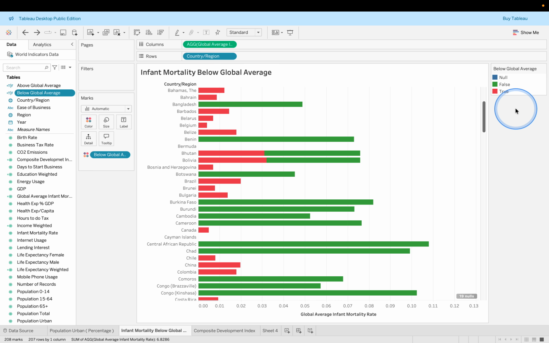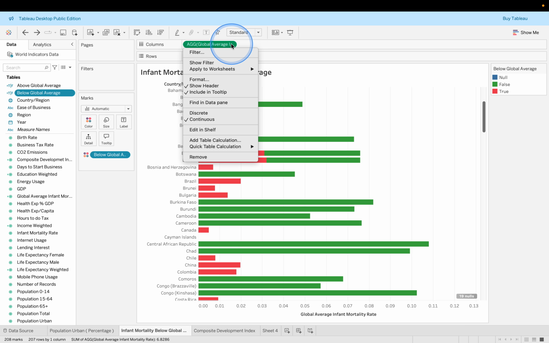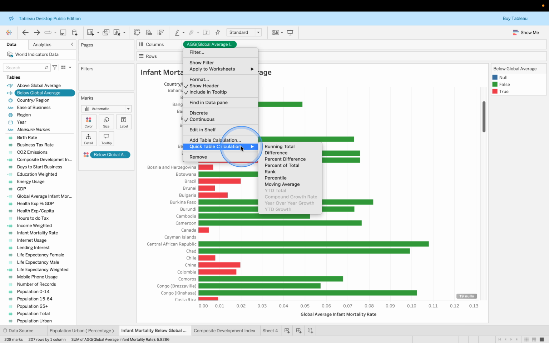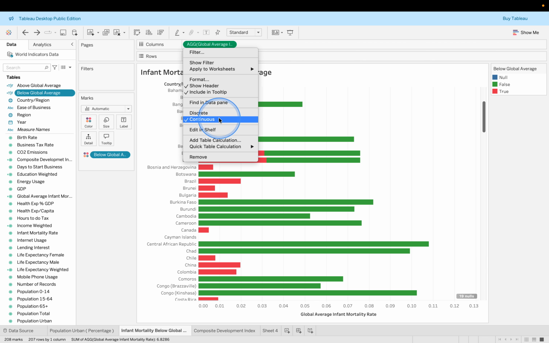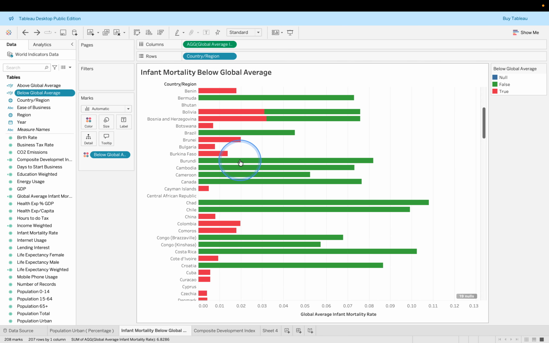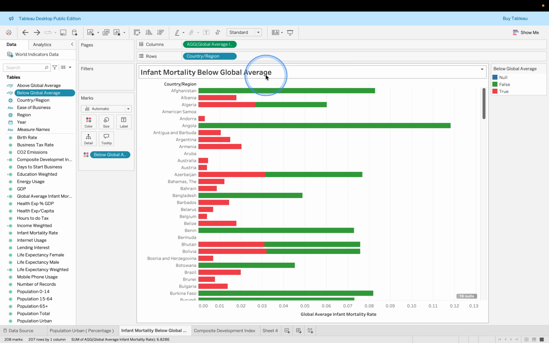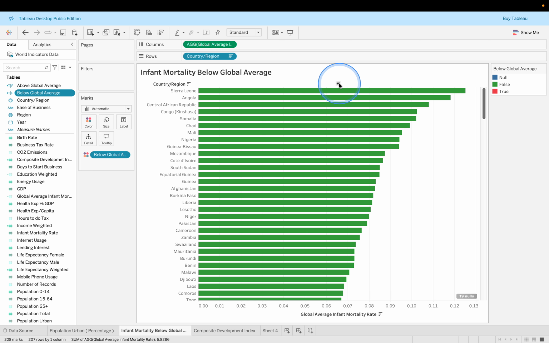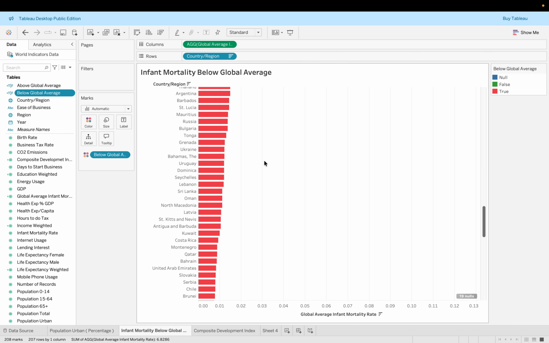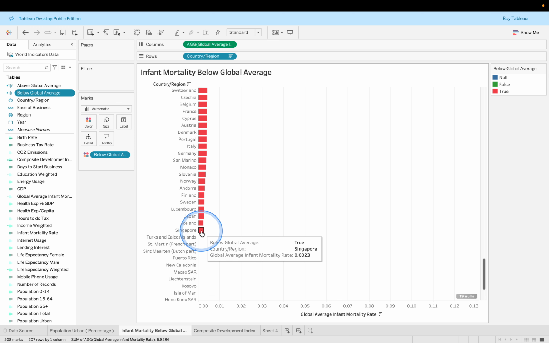This is why we have it as red and green, and null values as blue. Remember also that they are on continuous. Let us sort. We can see for those above the global average, Sierra Leone is at the top, and at the bottom we have Singapore.